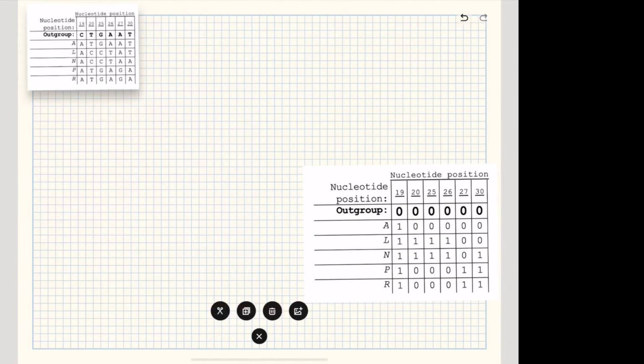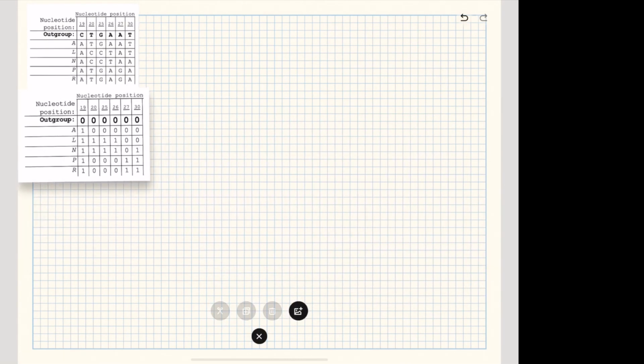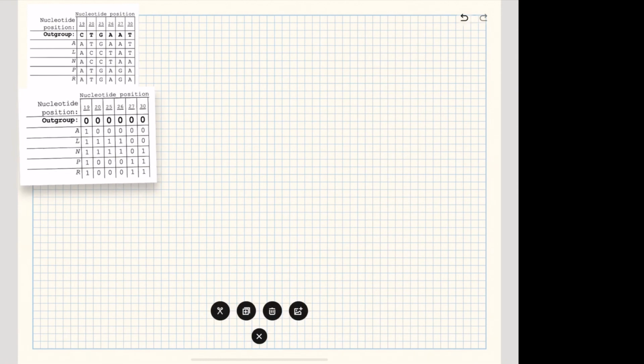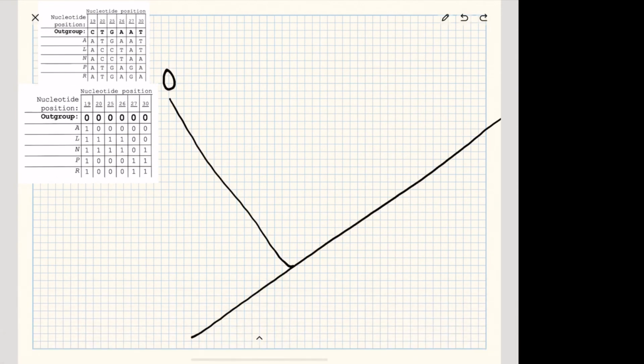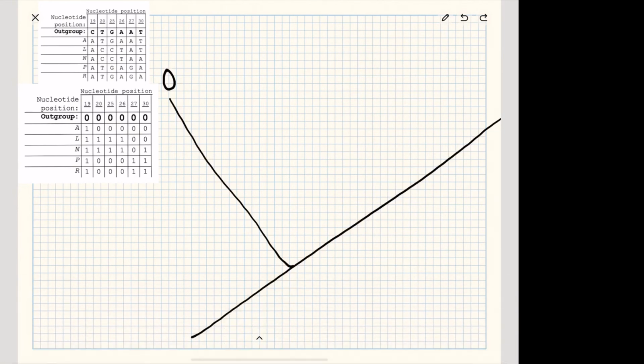Let's use this matrix of characters and character states to build a cladogram. The outgroup is going to be the lineage of the most ancestral common ancestor on this cladogram.